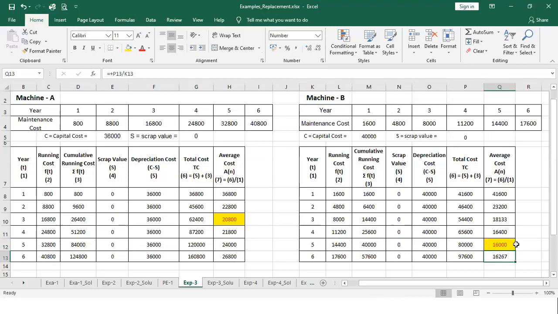So it is advisable to change the machine B after the fifth year with machine B itself. While calculating machine A and machine B, we are not comparing anything with respect to each other, but we are finding out the results over the years.